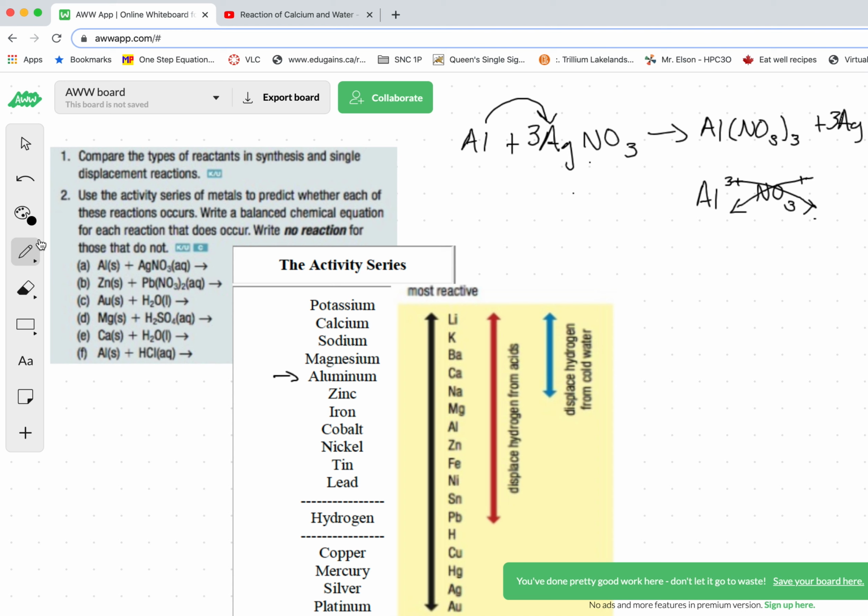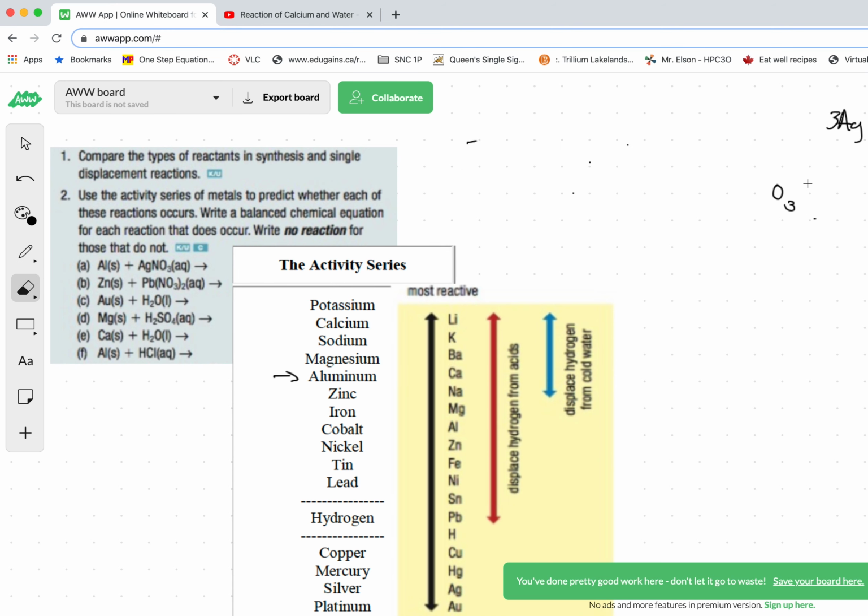Question B looks at zinc and lead nitrate. Zinc is in fact higher than lead on the activity series. So then from there, we just have to predict the products and balance. And I actually know that it is lead 2 nitrate because of the 2 outside of here. This would be the Roman numeral. But I'm just going to write lead as is. So yes, zinc is higher than lead. So see you later, lead 2.